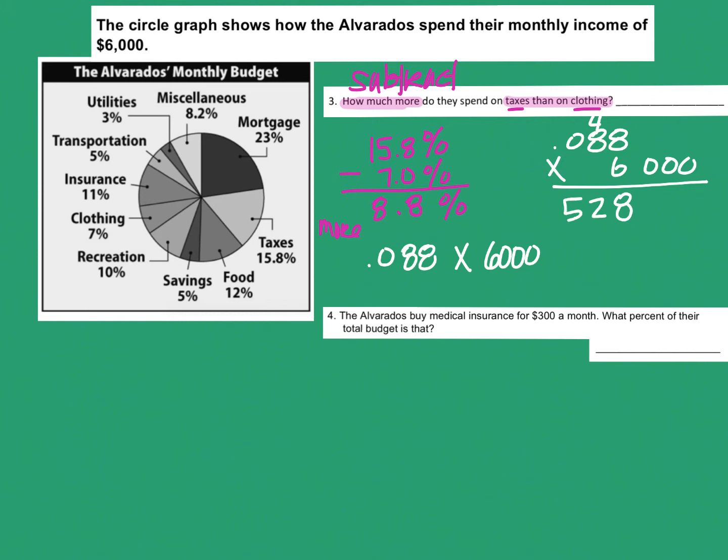Then again, I don't have to multiply with that 0 because it doesn't change. I want to drop down these 3 zeros. Then look and see how many digits are totally behind the decimal, which is 3. 1, 2, 3. Now I know how much more money they spent. It is $528.